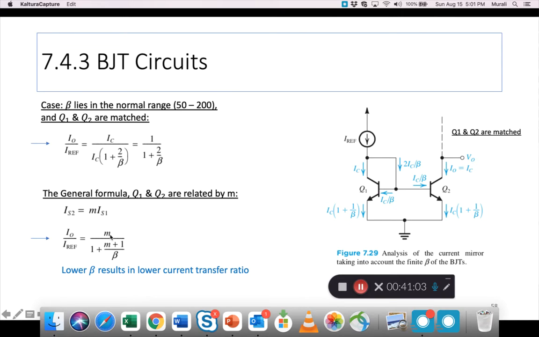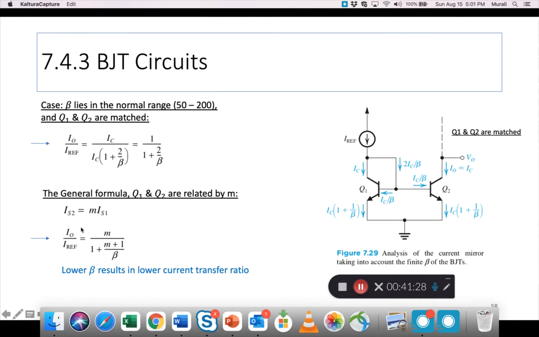So M by 1 plus M plus 1 by beta. In general, lower beta results in lower current transfer ratio. So your bias currents are going to start dropping just because you are using BJTs and they have their beta variations and all that.